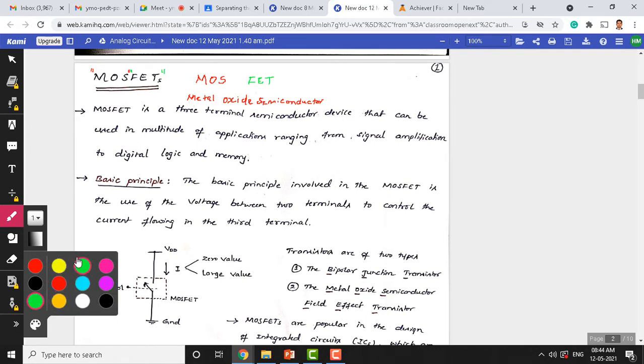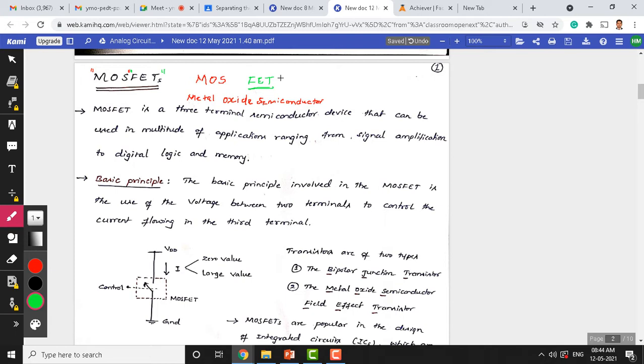On the other side, if you look at the field effect transistor, this is based on the operation of the device. If you look at the physical operation of the MOSFET device, it works on the principle of the field effect. We will see what we mean by field effect.